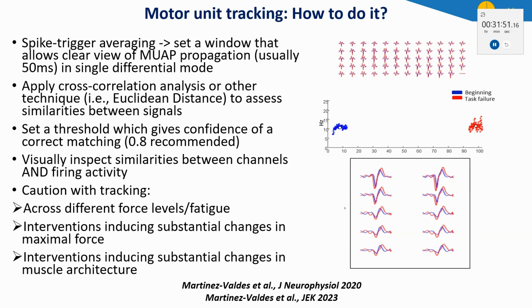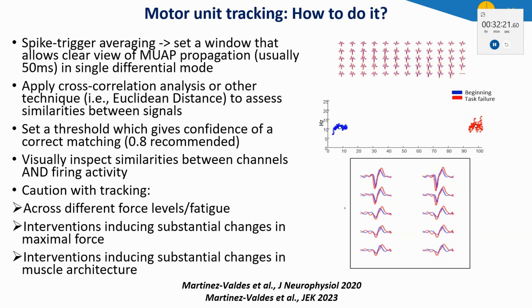In single differential, the action potentials become more unique, and then it's easier for you to distinguish between different matchings. Sometimes people track in monopolar mode, but the problem is that, although you will have higher cross-correlation coefficients, the different motor units might also look alike. So that's an important step as well: do the single differentiation, and then you apply the matching.